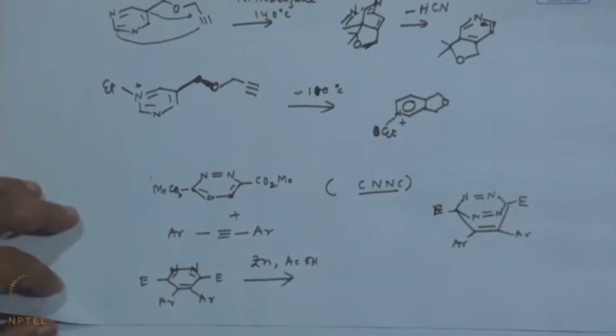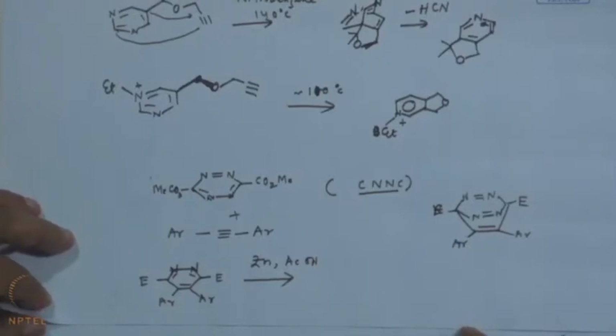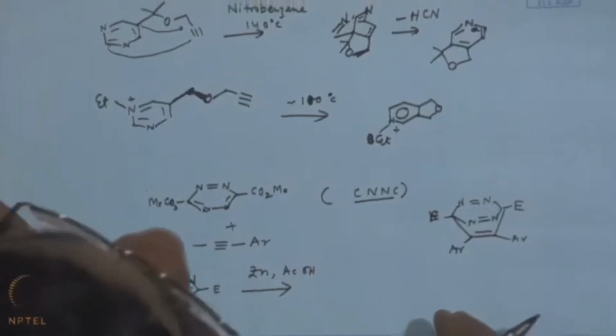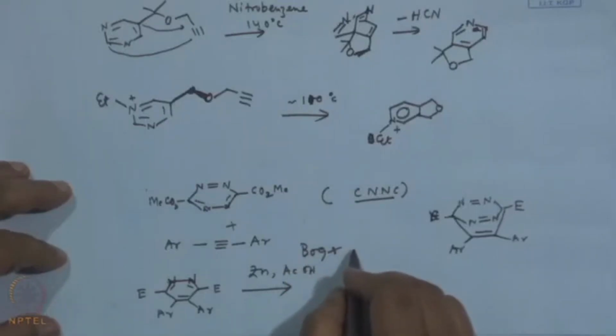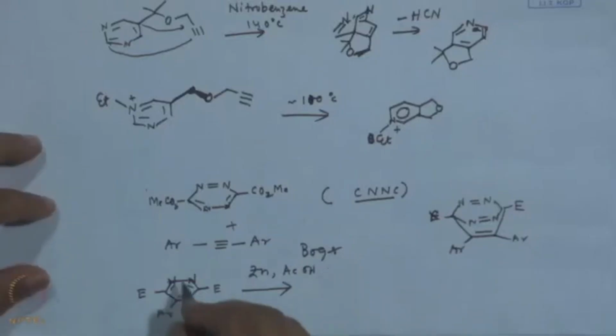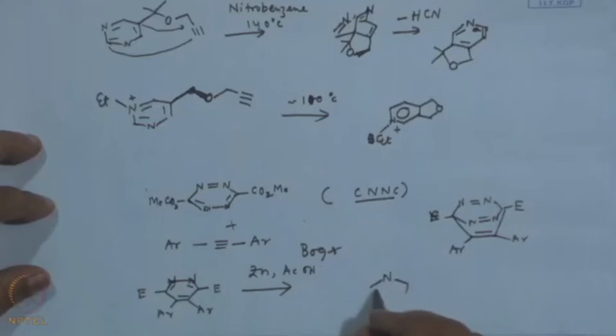What is it? It gives actually pyrroles. So, this is actually known as Boger's ring contraction. So, eventually what you will get is a pyrrole ring.